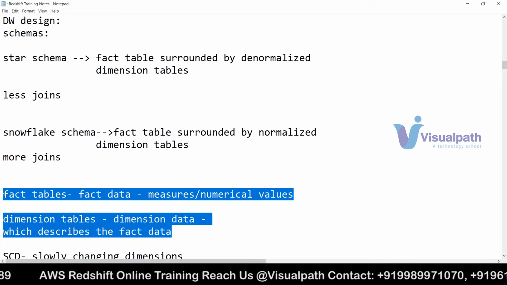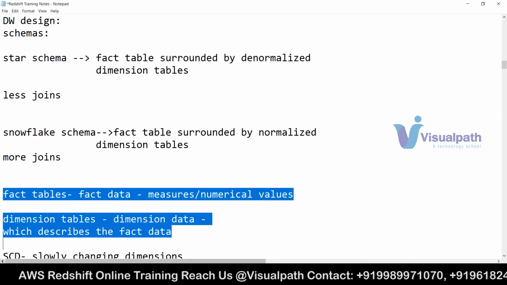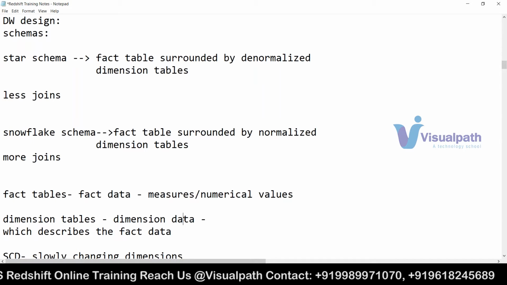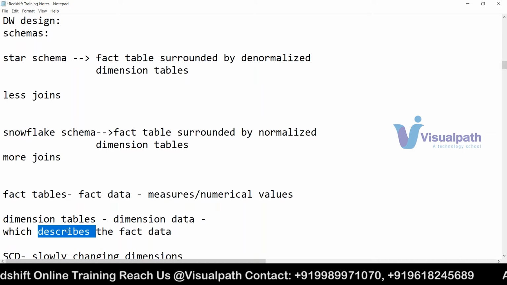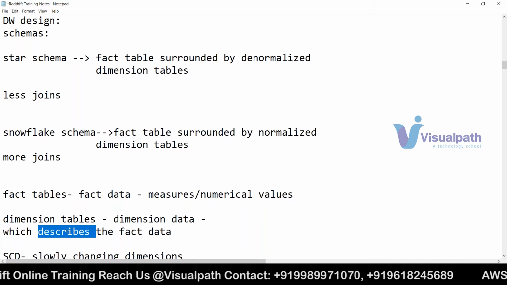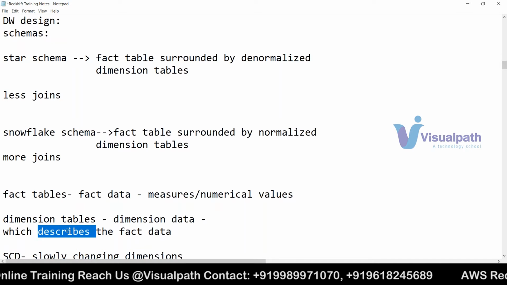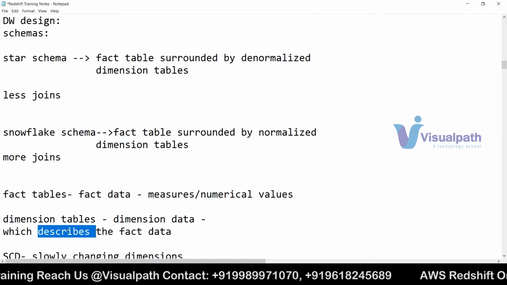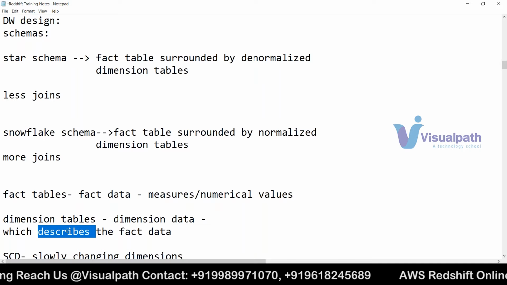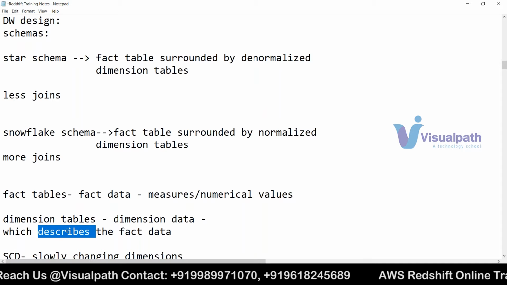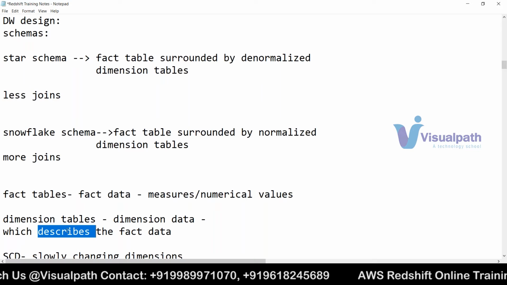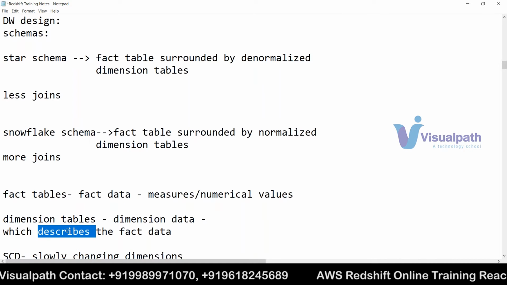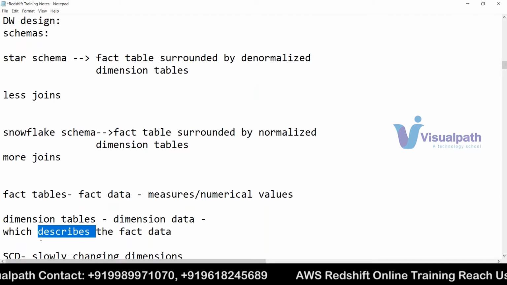The attributes, meaning columns, of the dimension table will describe the fact data. For example, as I already said, the fact table has the number of quantity and total sales. Then which item's quantity it is, what is the product name, the brand name, the manufacturer name, the batch number, all these things will be described by the dimension table.